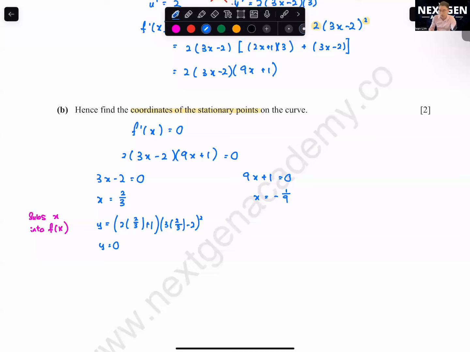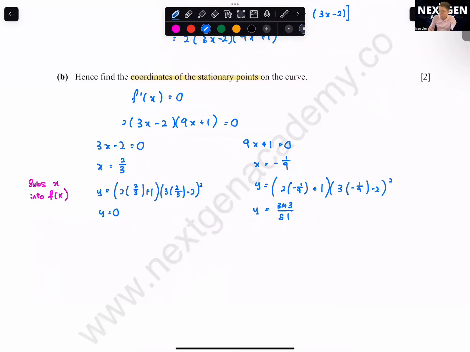This one you get y equals 0. For the other, y equals (2 times negative 1 over 9 plus 1)(3 times negative 1 over 9 minus 2) squared. Your y here will be 343 over 81. So I got two turning points, which are (2 over 3, 0) and (negative 1 over 9, 343 over 81). So this is for the stationary points.